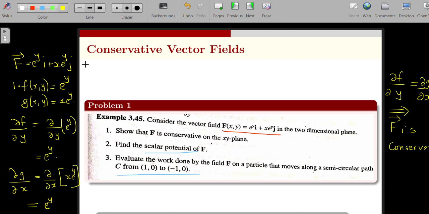This question is actually meant to test whether you have understood the concept of a conservative vector field in terms of work done.